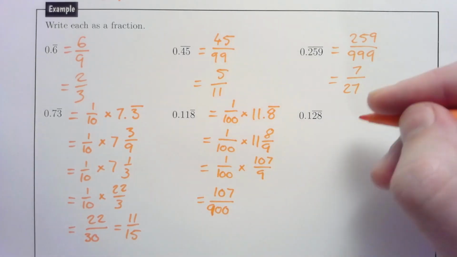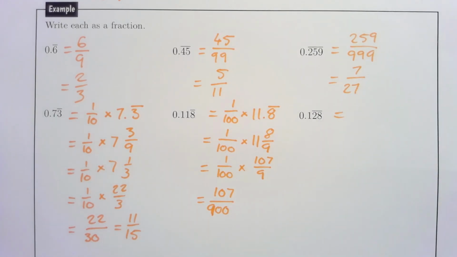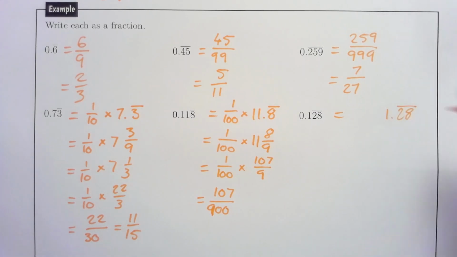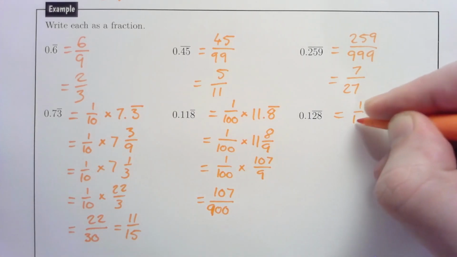And finally, 0.128, where the 2 and the 8 are repeating. Well, let's shift it over like we have before, where we have our non-repeating digits before the decimal place, and our two repeating digits, the 2 and the 8, after the decimal place. To keep this with the same value, we need to multiply by 1/10.